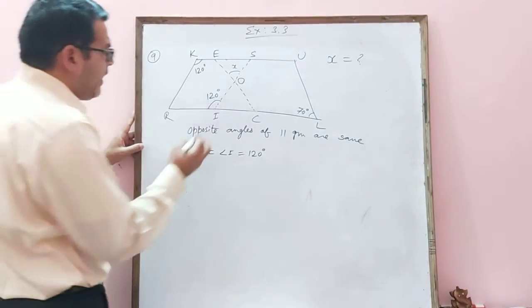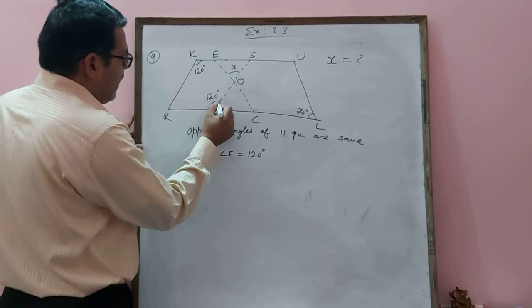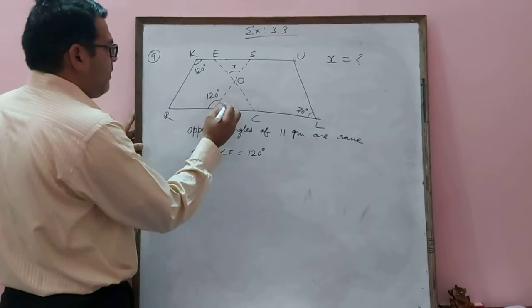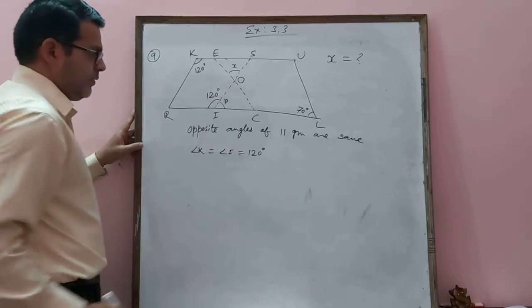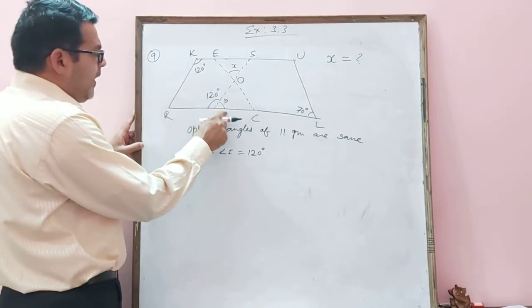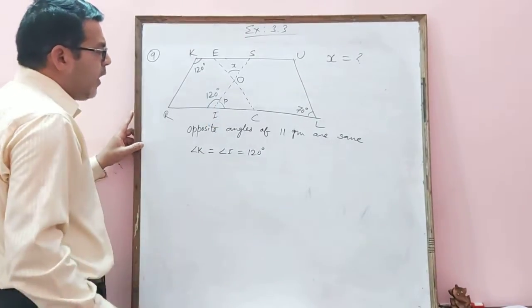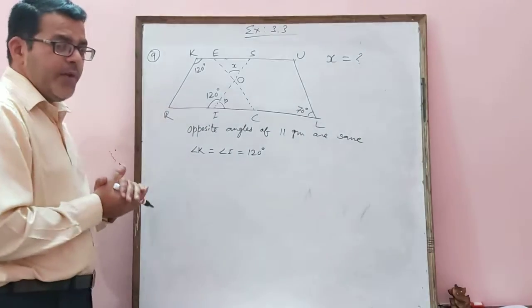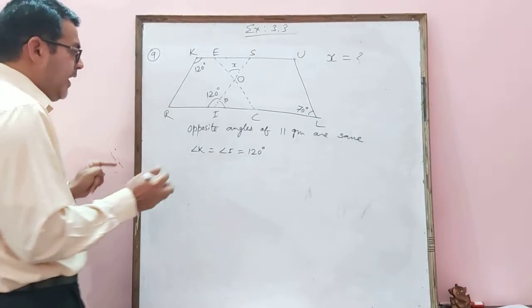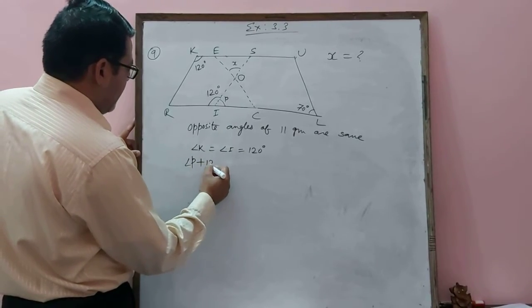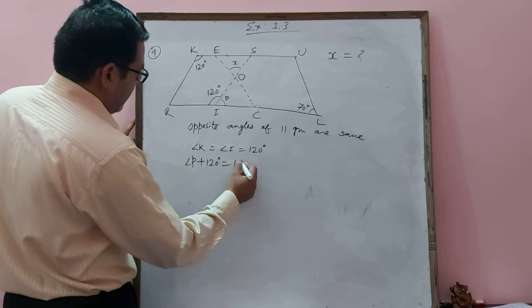Right? Now you can see here, this angle 120 and this one. These two are making, let me name it P suppose. So this angle P and this angle I, right? These two angles are forming linear pair. Right? So P plus 120 equals 180.